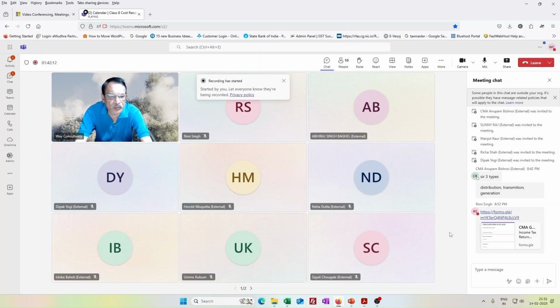Anybody who could not understand, please tell me. Please don't hesitate. Ishika, is there any question? No doubt, sir. No, sir. Understood the process?